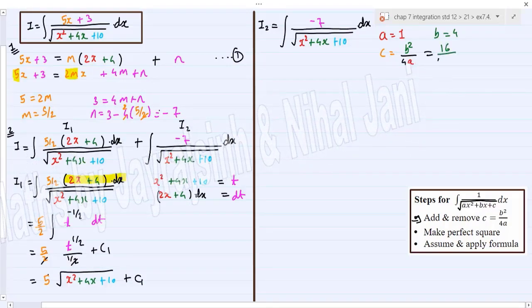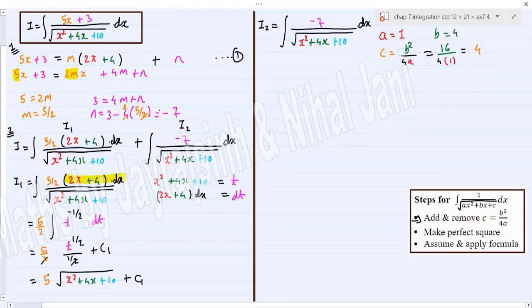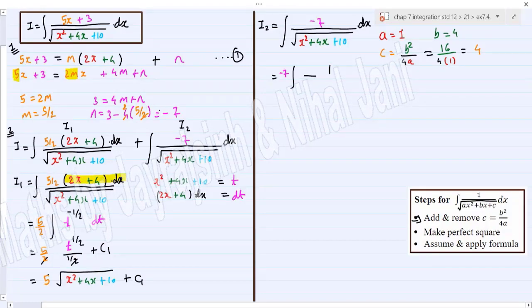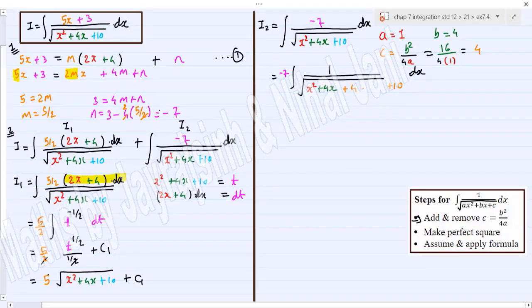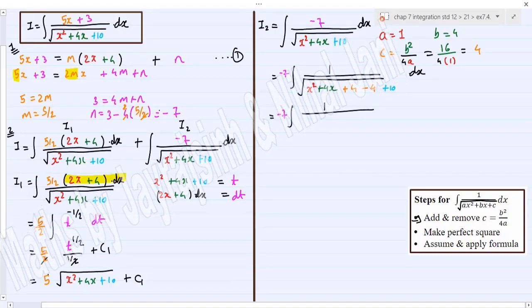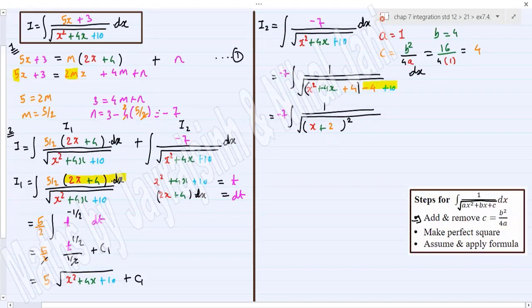So we will get 16 upon 4 times 1, or we will get 4 as a last term. So let's write down what we have. Now let's add and remove our required last term. Our denominator will be simplified as 1 upon under root of this first 3 terms create perfect square of x plus 2, and this minus 4 plus 10 will give us plus 6.